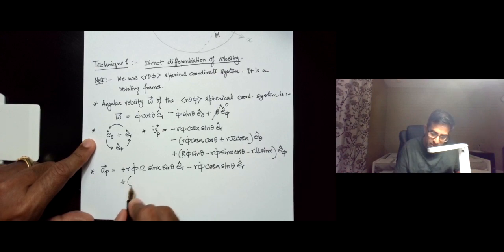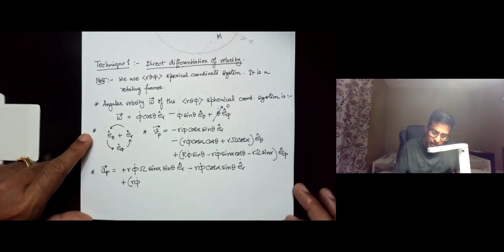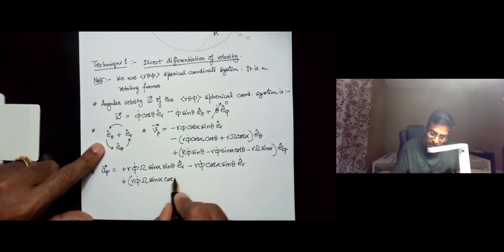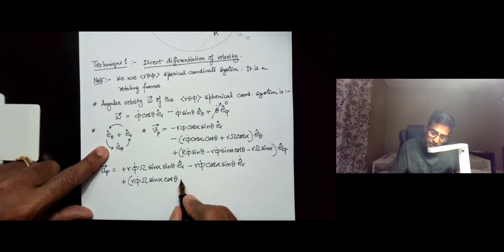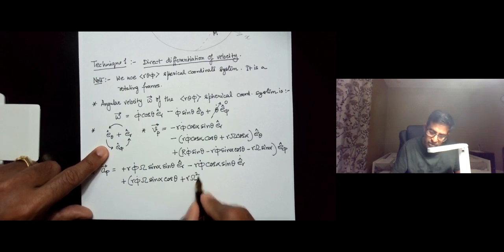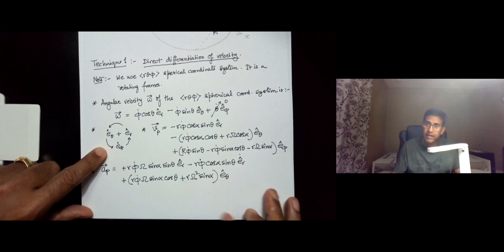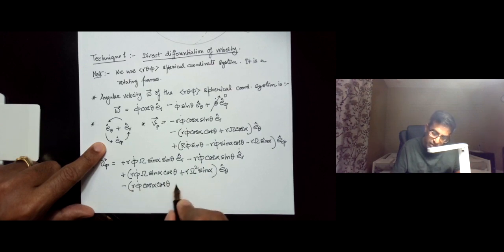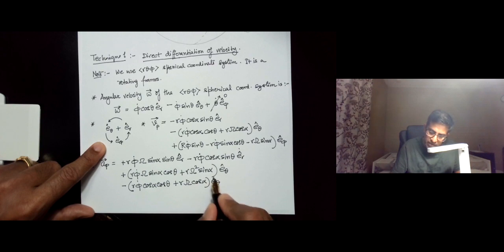So I'm going to write this as plus r phi dot capital omega sine alpha cosine theta plus r capital omega squared sine alpha e theta, and then minus r phi dot cosine alpha cosine theta plus r capital Omega cosine alpha e theta dot.